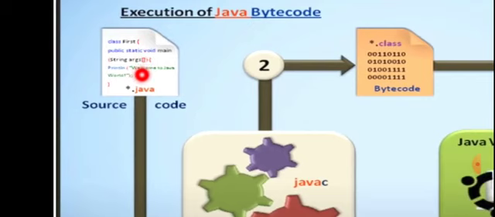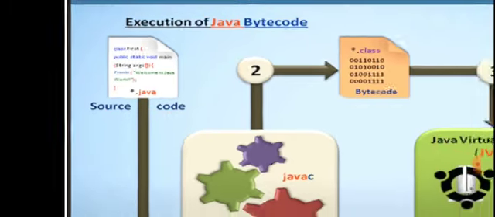You can type the source code in a plain text file and save it with a .java extension. You can do it in Notepad as well, no issues. It is a text file and you can save it as .java. This is called your source code. That is point number 1.